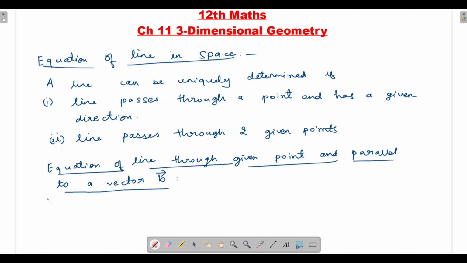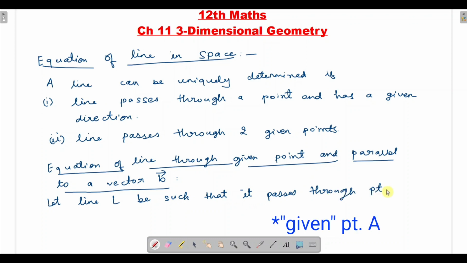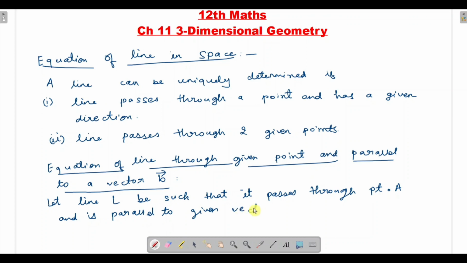So we will consider a line, let line L be such that it passes through point A and is parallel to the given vector b bar.